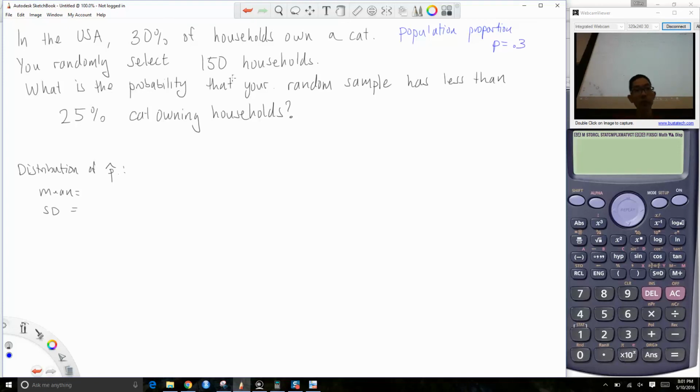Okay, it says we're going to take a random sample of 150 households. So here, our sample size is 150. And here we want to know what's the probability that less than 25% end up being cat-owning households. So this is our particular p hat, the p hat of our sample.